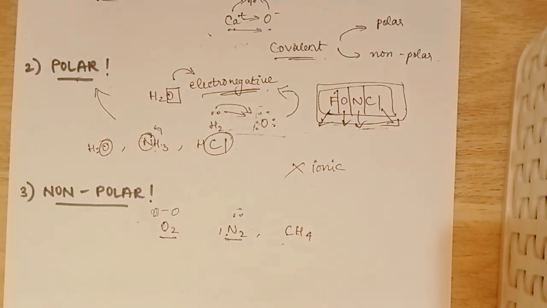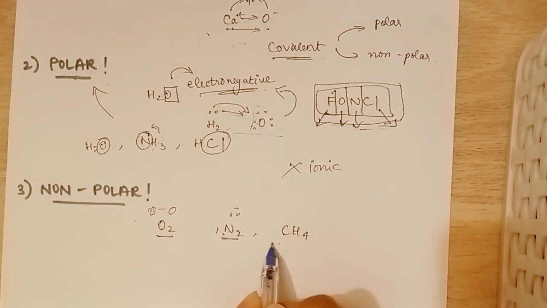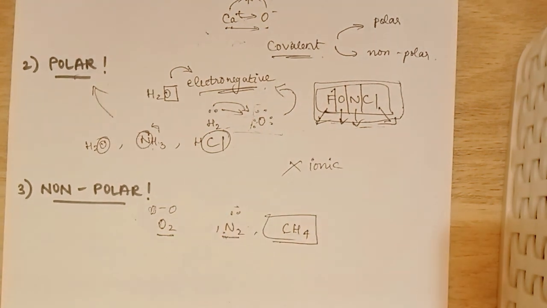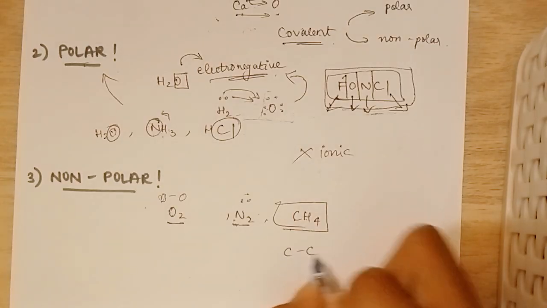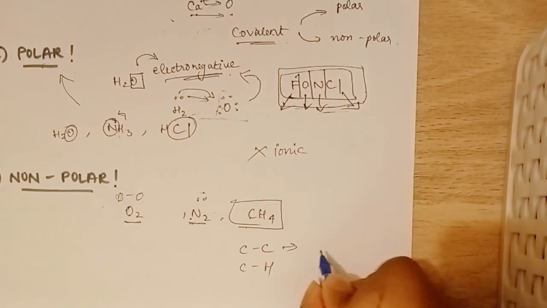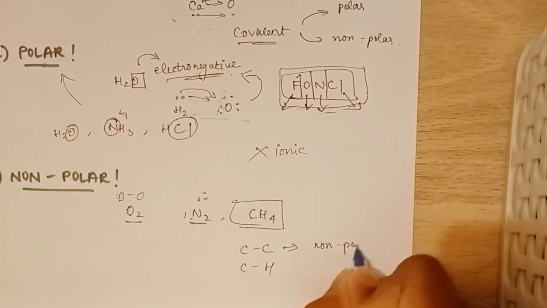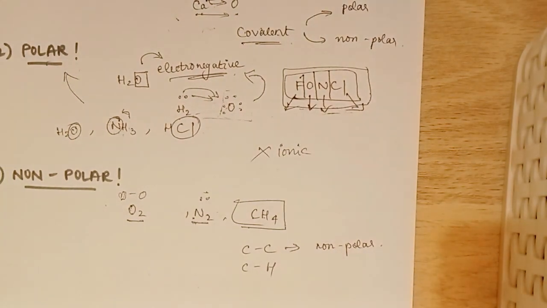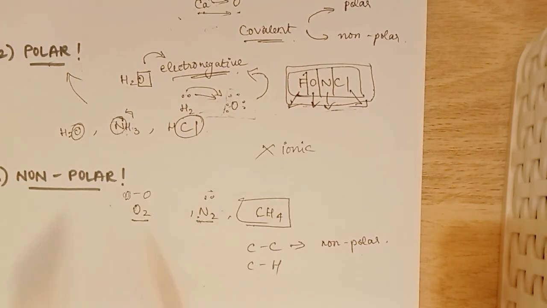CH4. Now you might be thinking, how is CH4 non-polar? Okay, so in CH4, there are two types of bondings. There are CC bondings as well as CH bondings. CC bondings are completely non-polar. That means CC bondings have same amount of electrons shared between them, so they are non-polar.